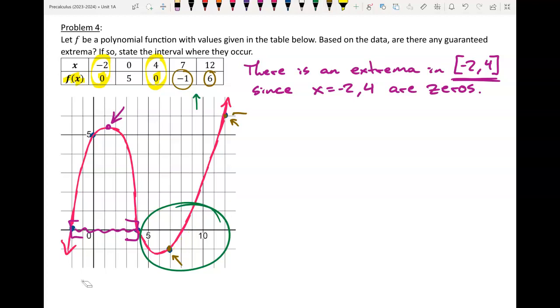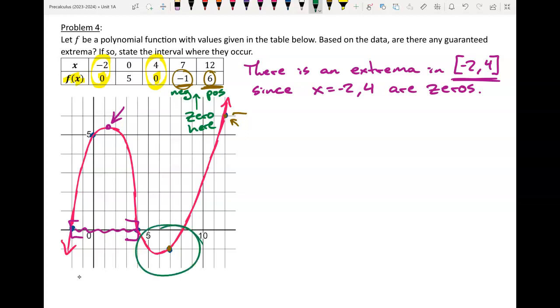So because I am going from a negative to a positive, there has to be a 0 in between. We don't know what it is, but there has to be a 0 here because I am going from a negative to a positive. Well, if I have another 0, well, then that guarantees that minimum that I have. So we have another extrema.